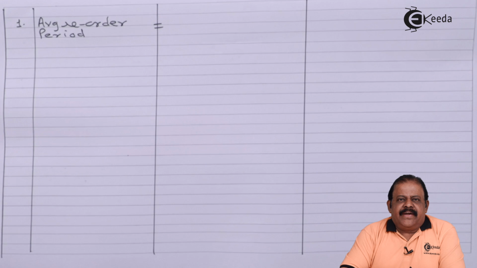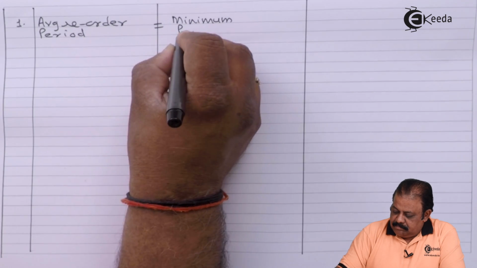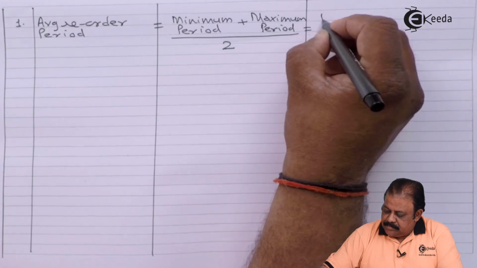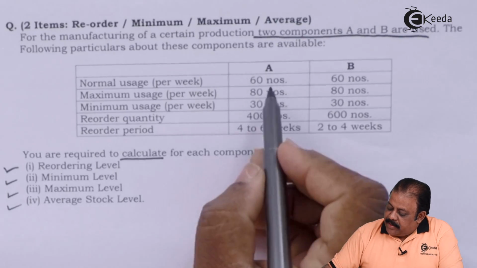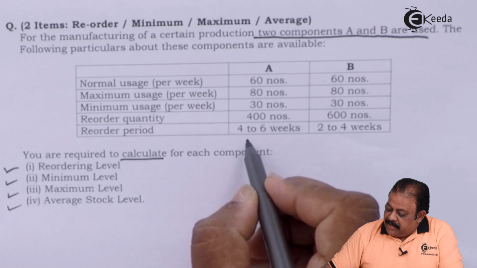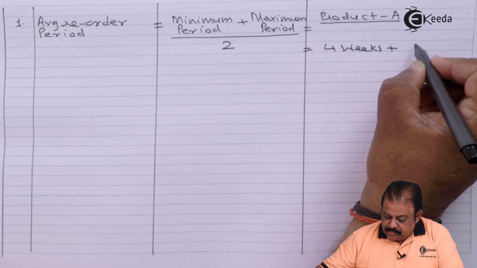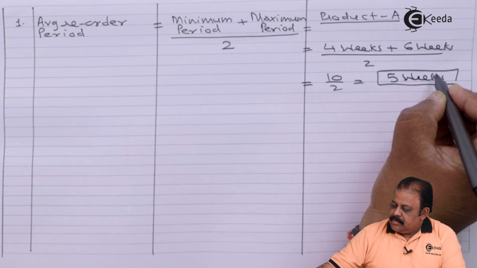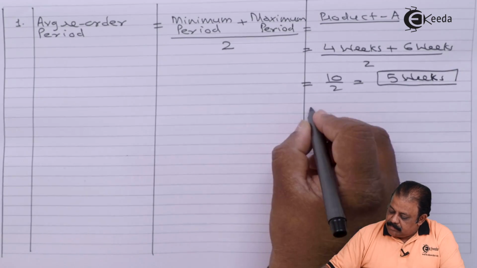Let us first calculate average reorder period. In case of product A, the reorder period is 4 to 6 weeks, so in case of product A, it is 5 weeks.